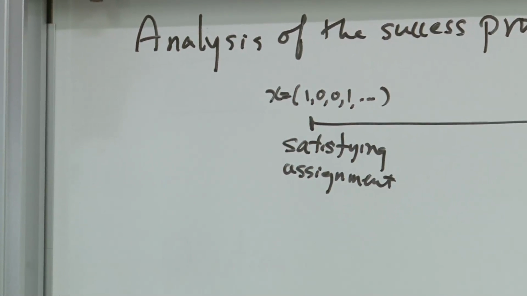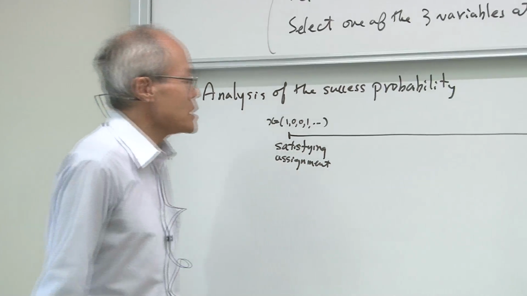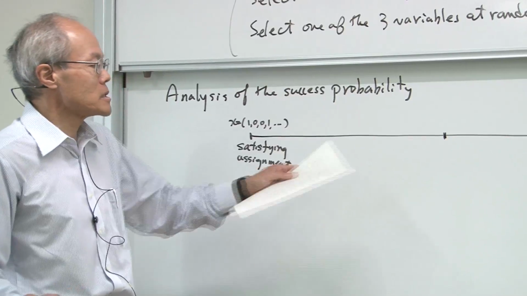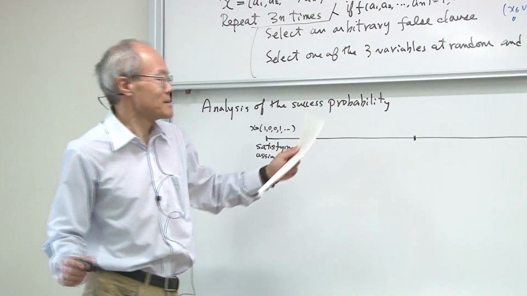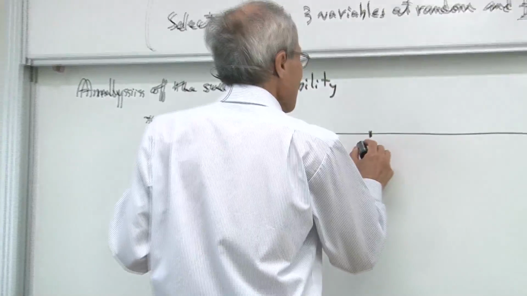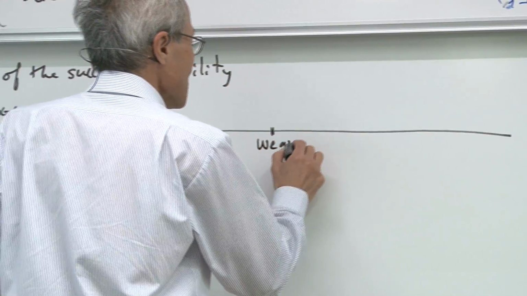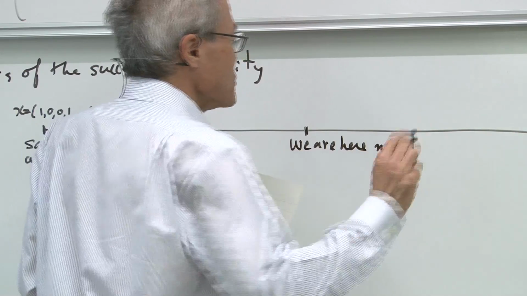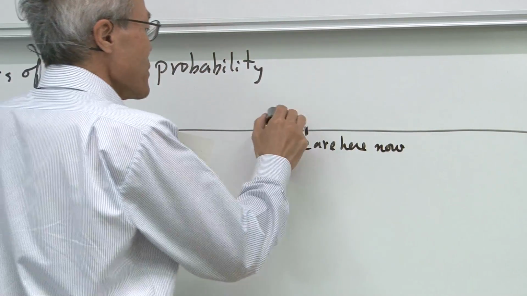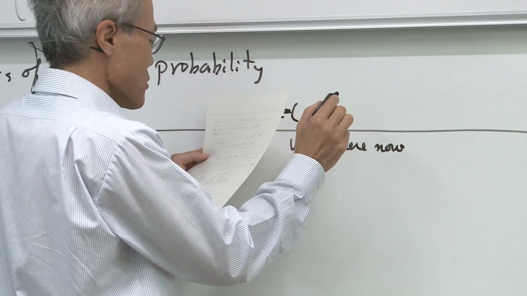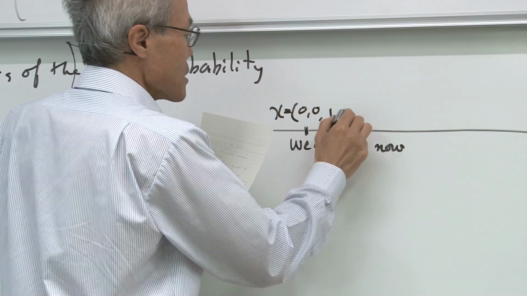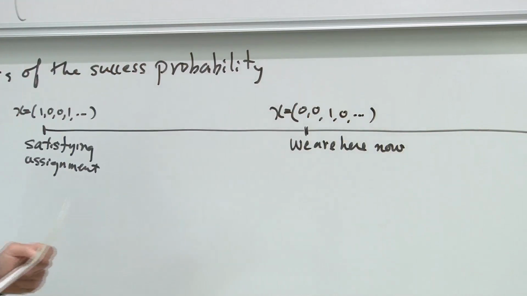And here, this is your current assignment. So we are here now. Your current assignment is something like x is equal to 0, 0, 1, 0.